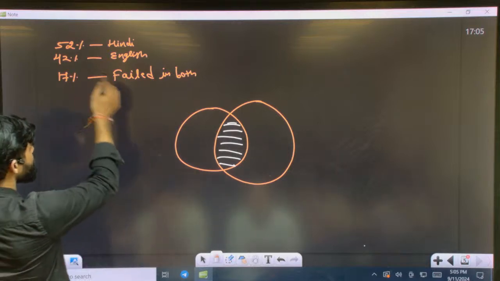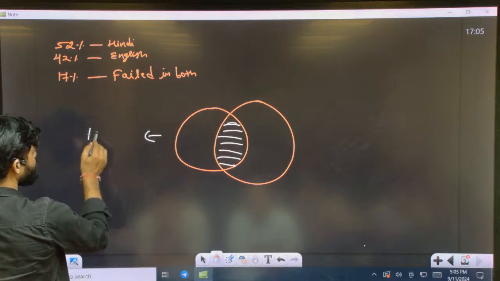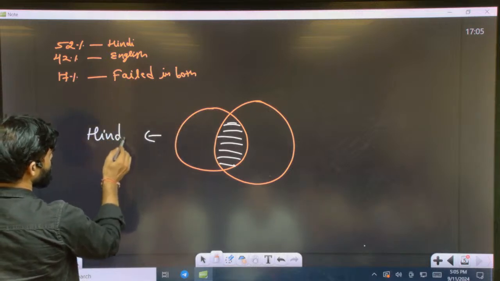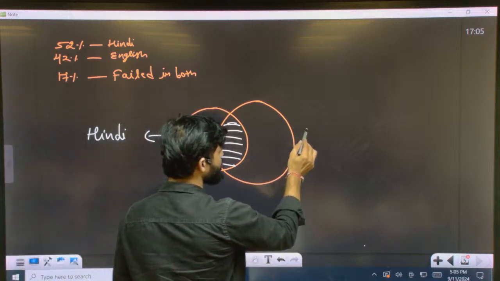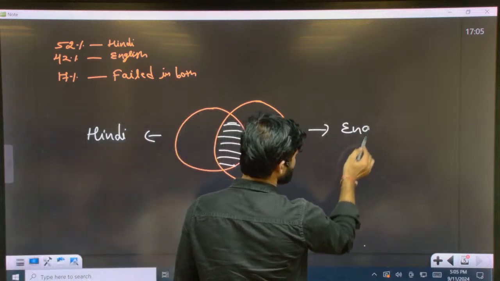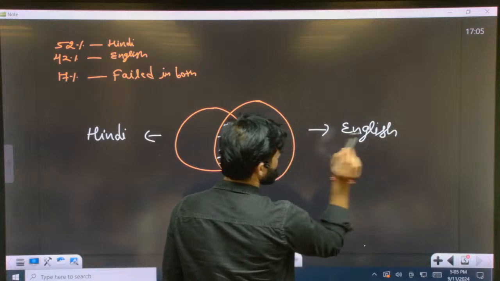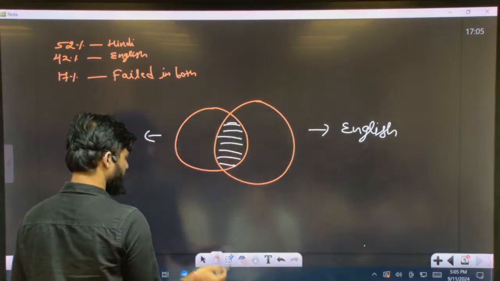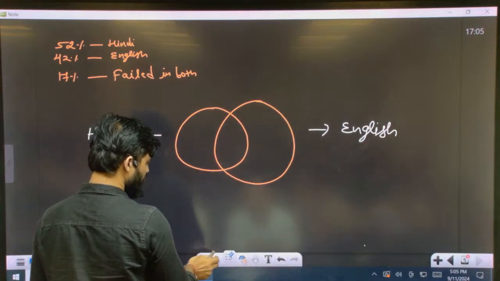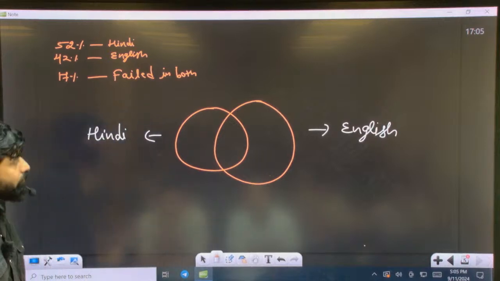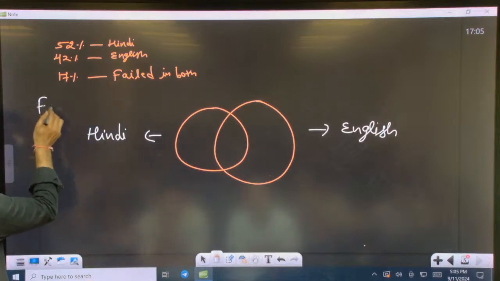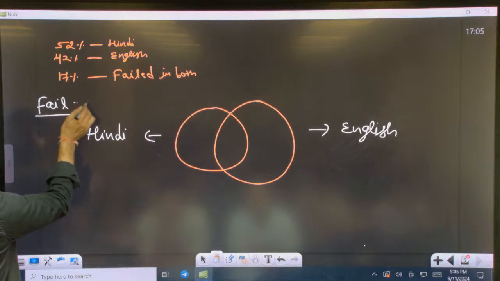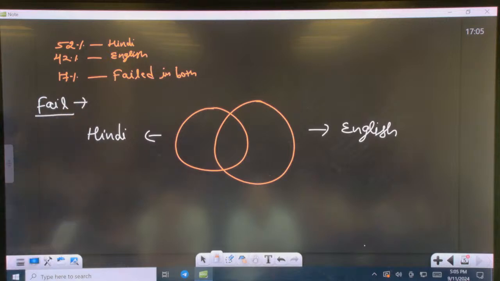So let's take this as Hindi and the other one as English. Okay. And we have the data for fail. Any problem?